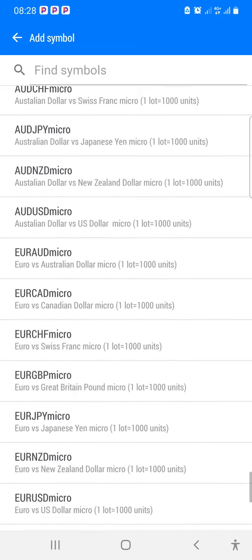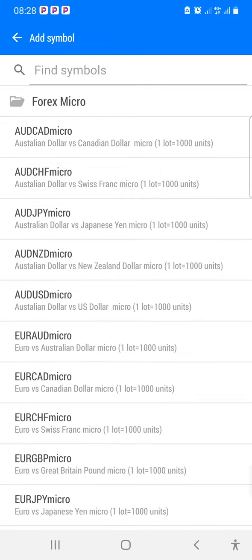Forex micro: you can see in Forex micro that one lot size is 1,000 units. Normally, one lot size is supposed to be $10, and in the voice note I sent on the group I mentioned that 100,000 units is one lot size, but in this place, one lot size is 1,000 units.